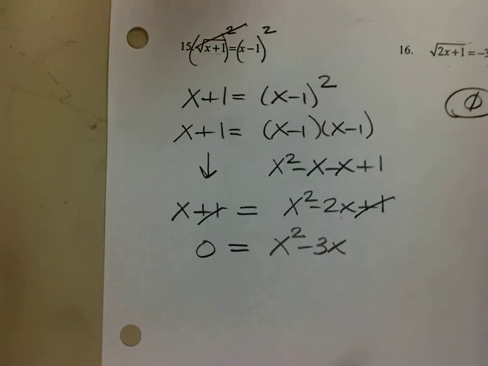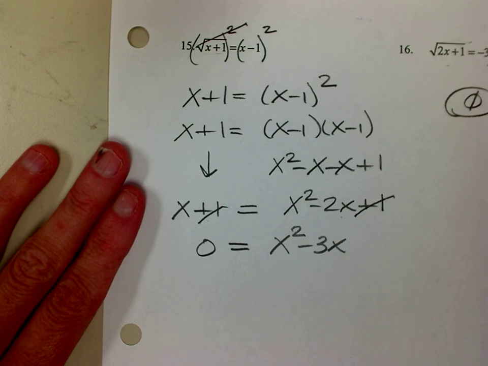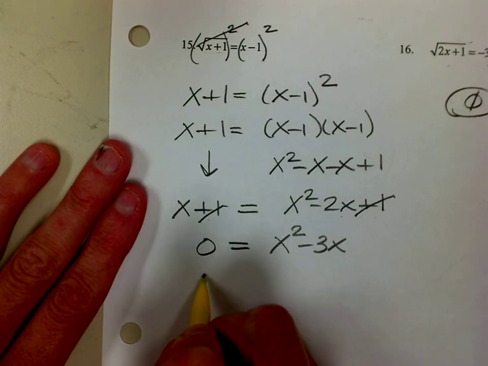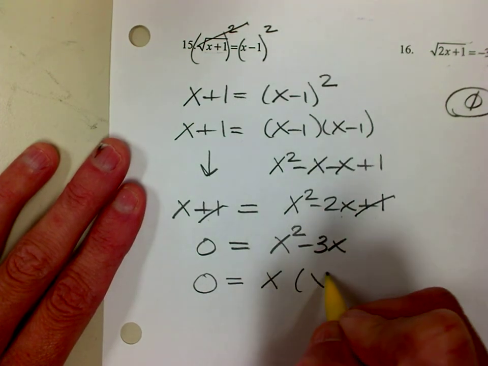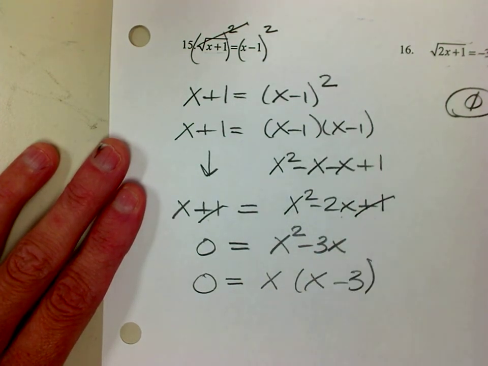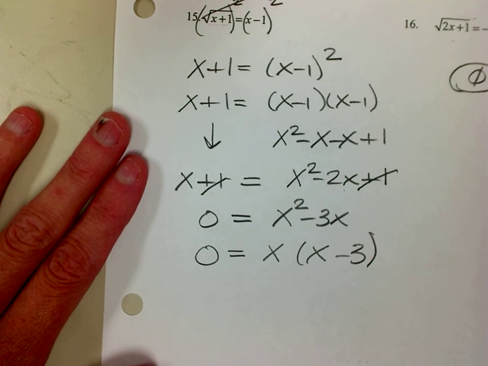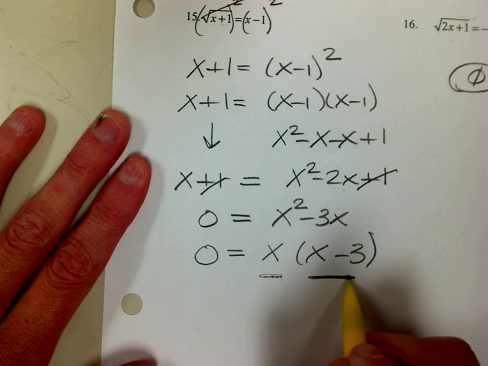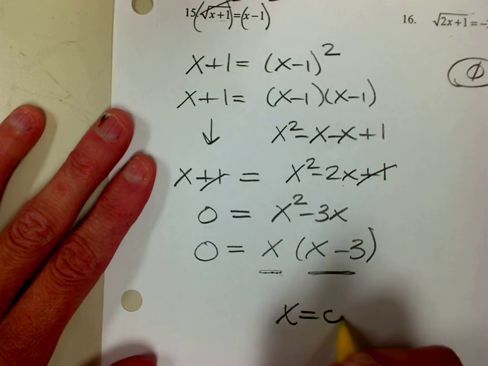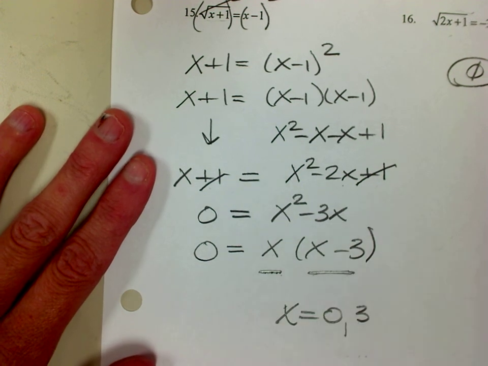So what I'm going to have to do now is factor, because we can't work backwards anymore. So whenever you have an x squared and an x, you got to factor. I'm going to take out an x. That's as much as I can factor. Now I'm going to solve. I'm going to get one answer here and one answer here. I get 0 and positive 3.